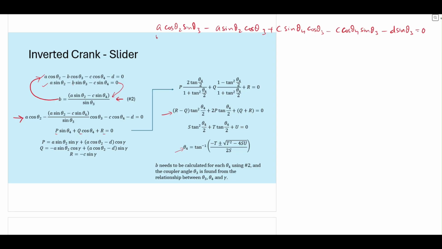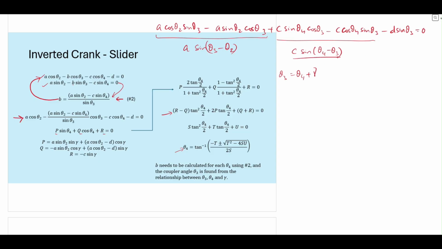Okay, this is a sine of theta 3 minus theta 2. This is c sine of theta 4 minus theta 3, and we can now use theta 3 equals theta 4 plus gamma.